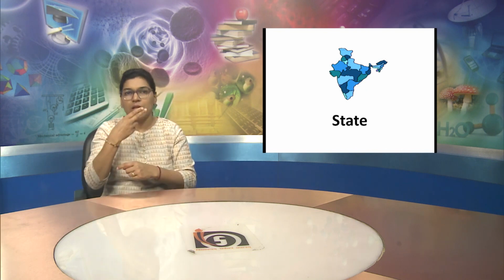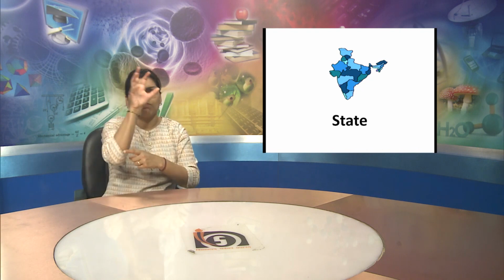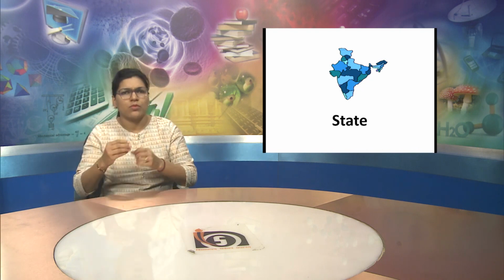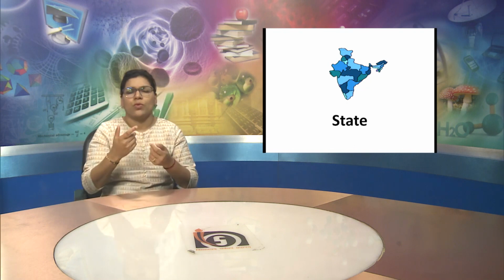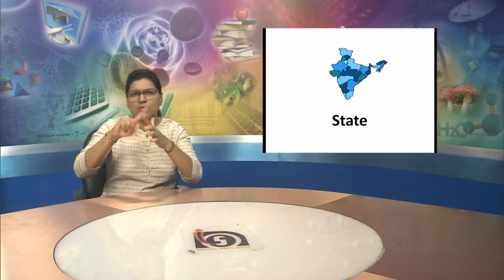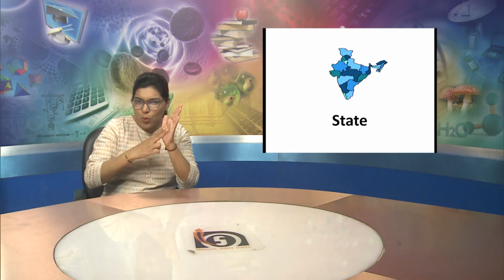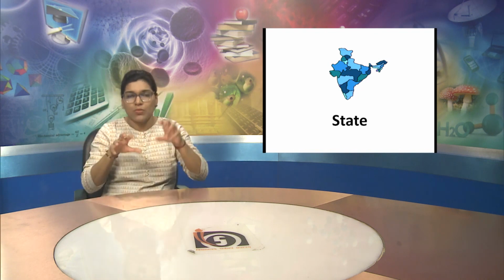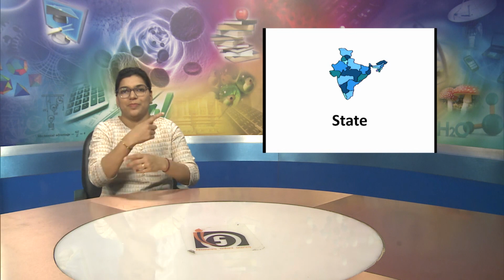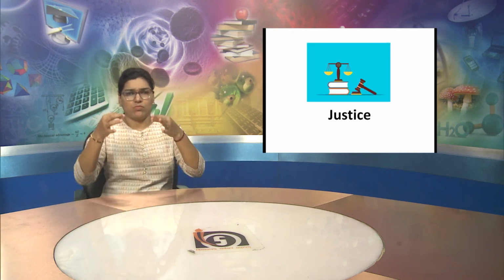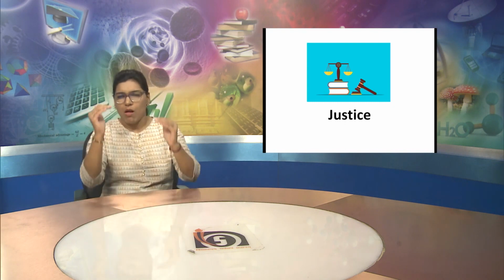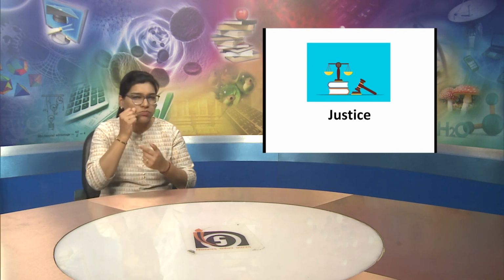States. You all have seen the map of India. In the map of India, you have seen many states such as Kerala, Tamil Nadu, etc. Justice. Justice means equal or equality.